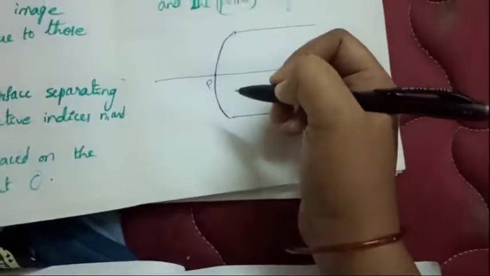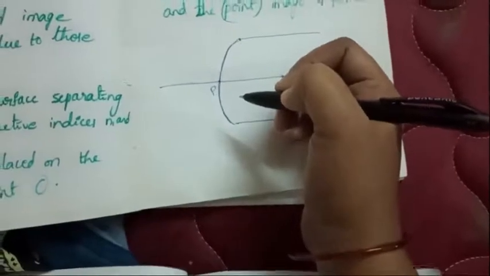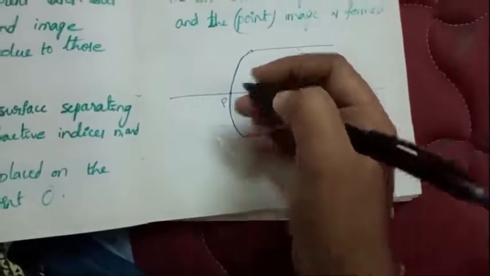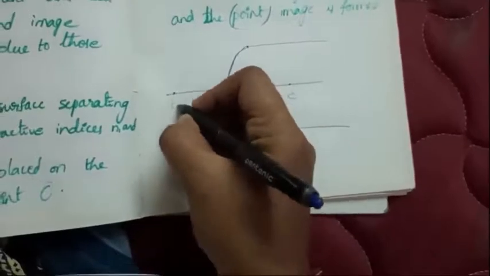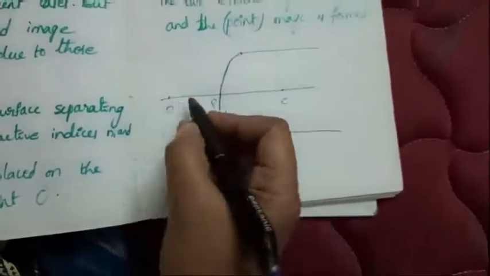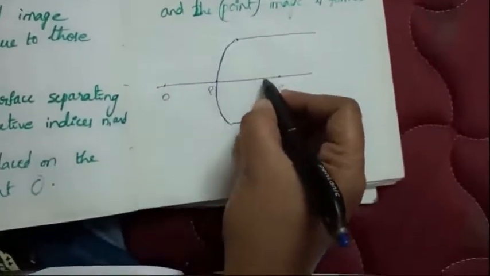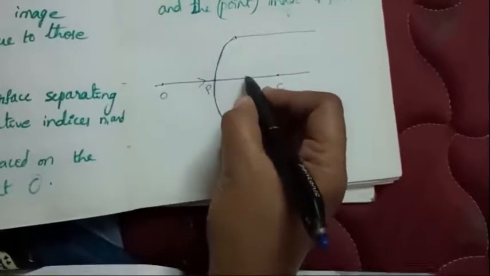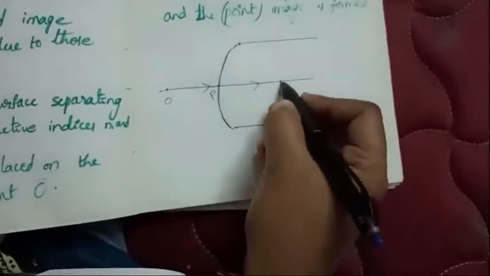The refractive indices are n1 and n2. A point object is placed at point O here, and the ray which is passing through the principal axis will not be deviated, that we have discussed in the earlier class.